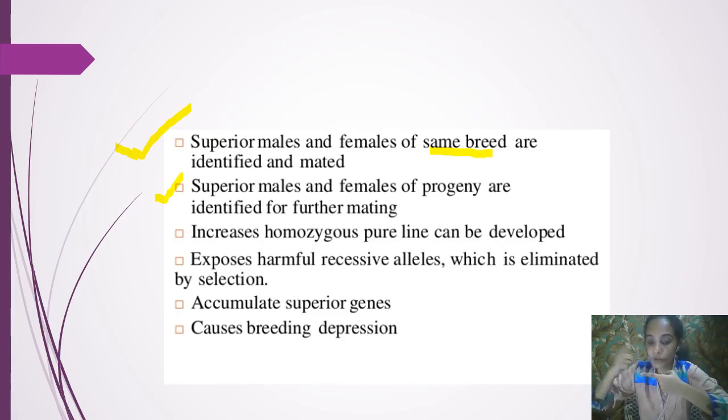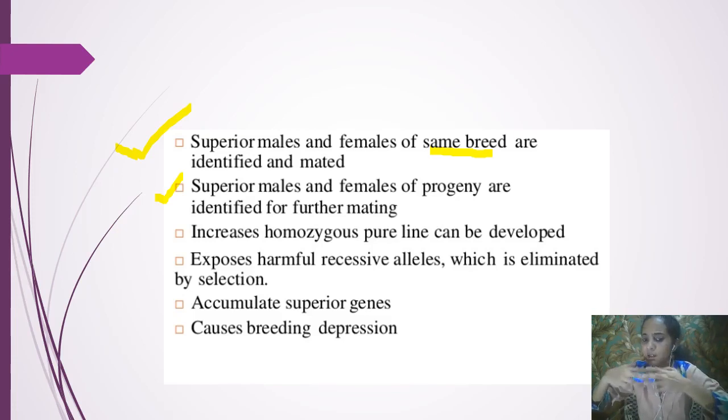The progeny will be assessed again, and out of all the progeny, you might be getting 4-5 progeny, you again check which one is a superior male and which one is a superior female. Again they are mating. Clear? If you do like this, we will get only the superior qualities in the upcoming generations, and this will increase the homozygosity, and even result in the production of the pure line.